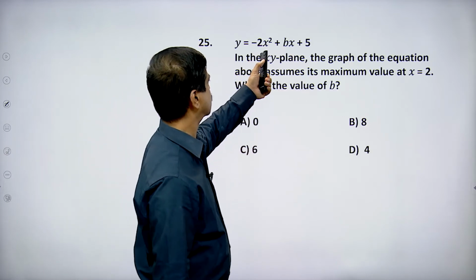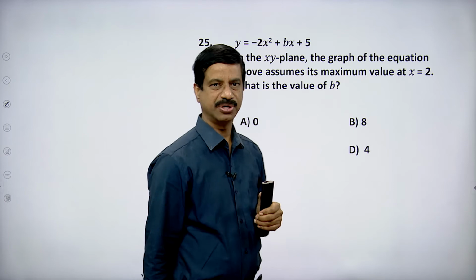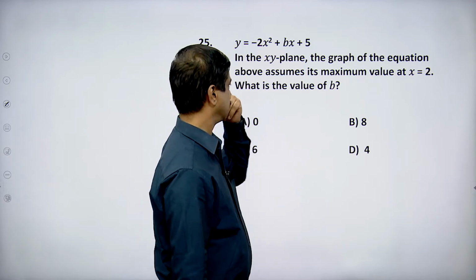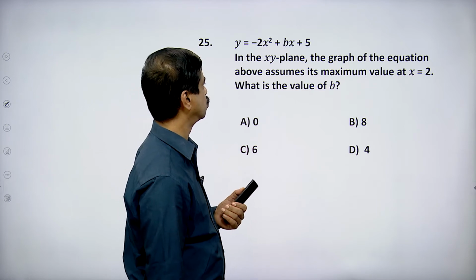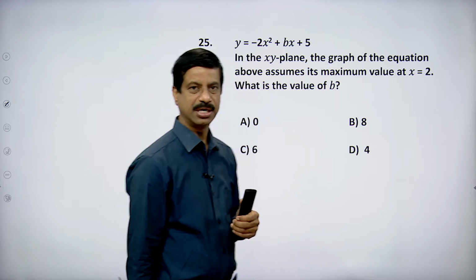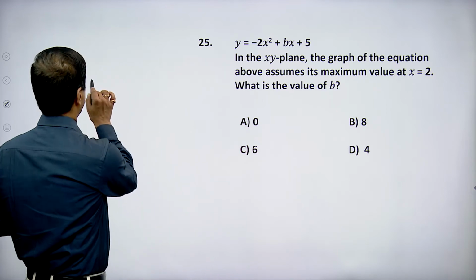Minus 2x square plus bx plus 5 is equal to y. In the xy plane, the graph of the equation above assumes its maximum value at x equal to 2. What is the value of b? Children, either maximum or minimum.